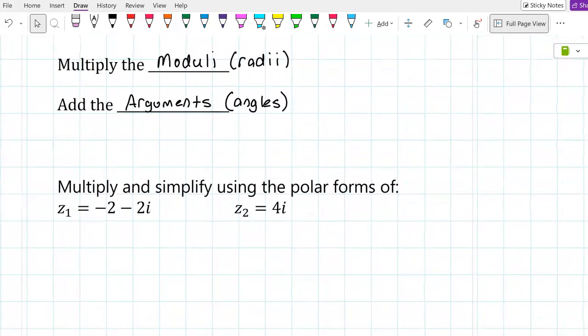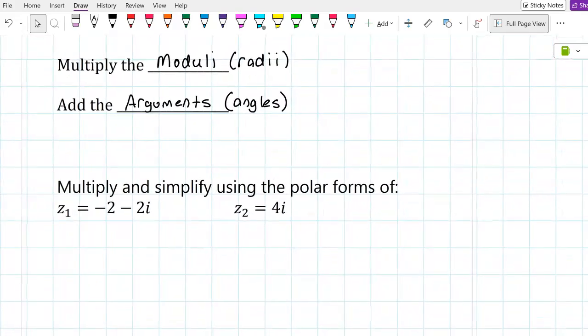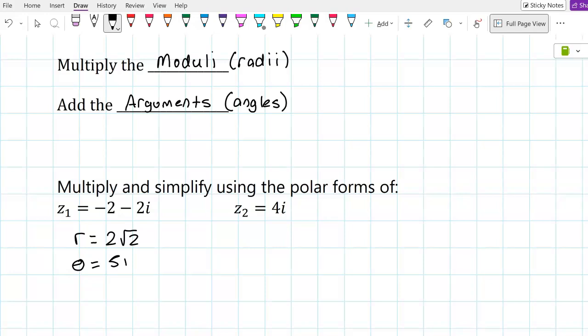Here is an example. We already kind of saw it, but let's say that we hadn't multiplied these out the long way. Then I know that z1 has a radius of 2 root 2, like we found already, and it has an angle of 5 pi over 4. I know that z2 had a radius of 4, and it had an angle, or argument, of pi over 2.